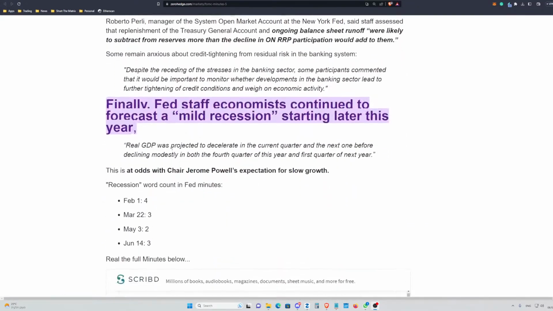And now, if we go to the final word, finally, Fed staff economists continued to forecast a mild recession starting later this year. They can't get a grasp of what a mild recession is. These guys act like a recession is something so horrible, but of course it has its horrible points.